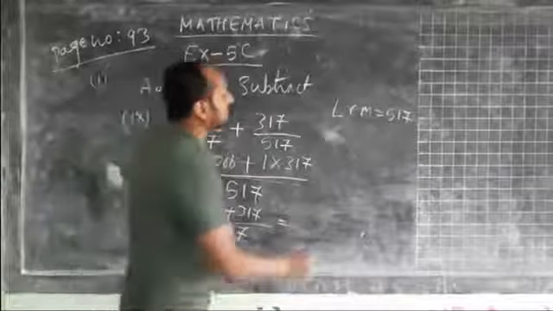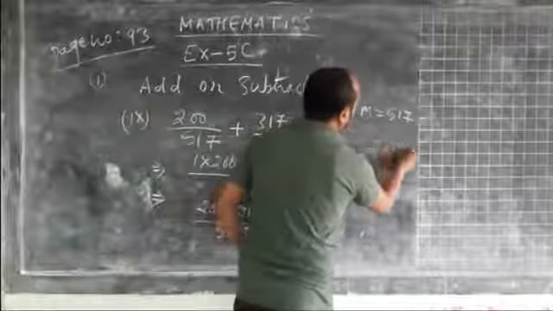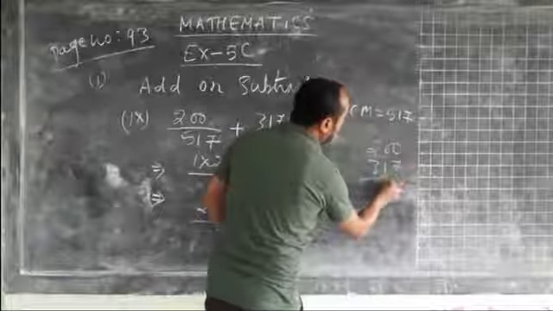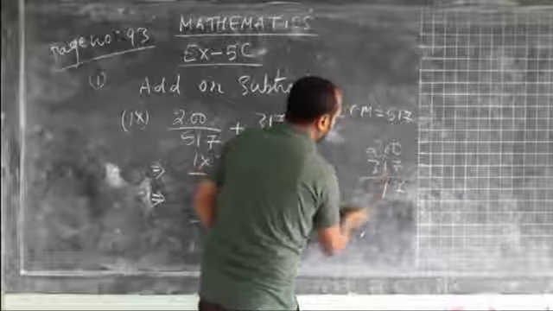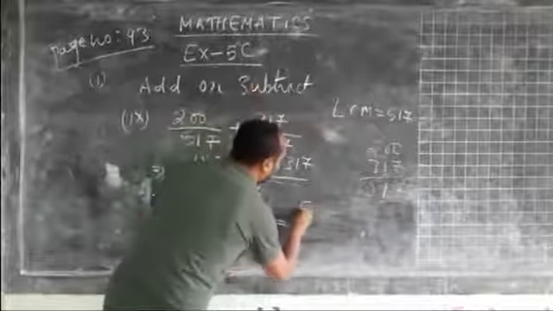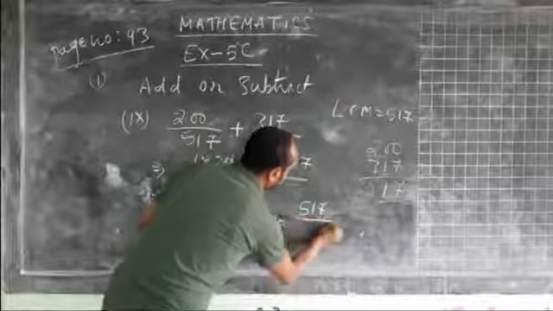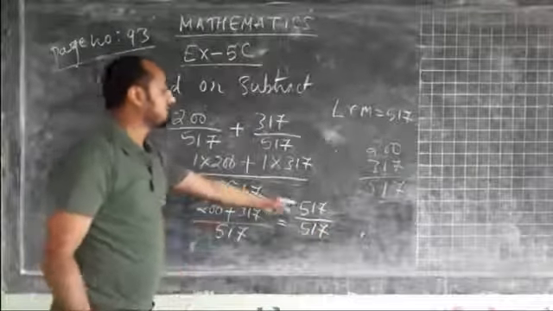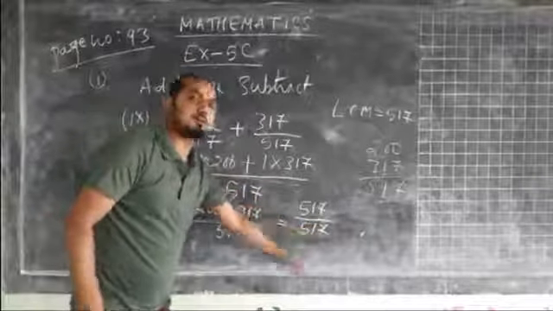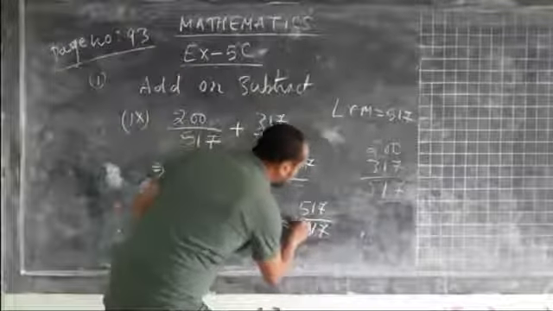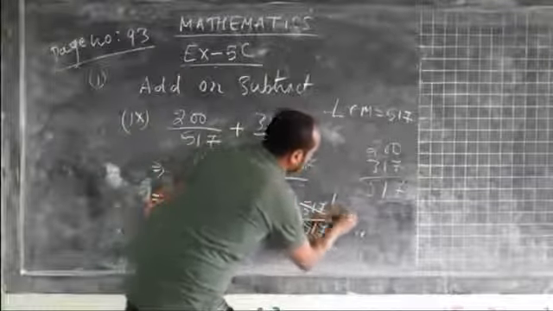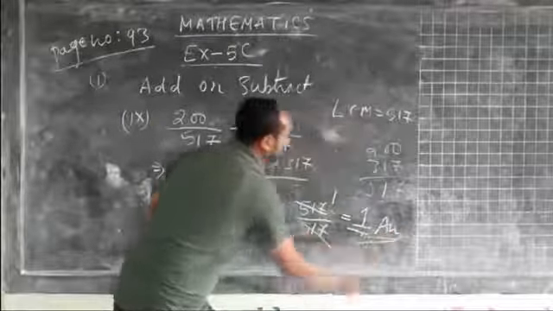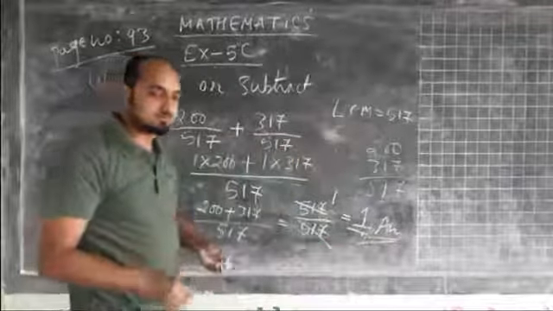Now when we add 200 plus 317, we get 517. So we are getting 517 divided by 517. When we divide 517 by 517, it will go 1 time. So the answer will be 1. So this 1 is your answer.